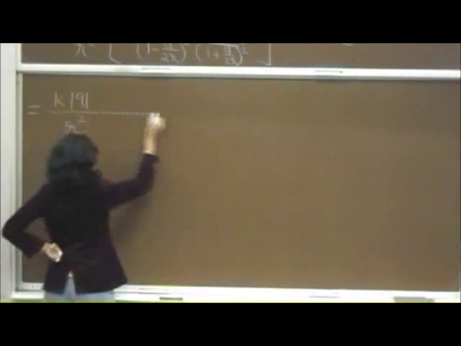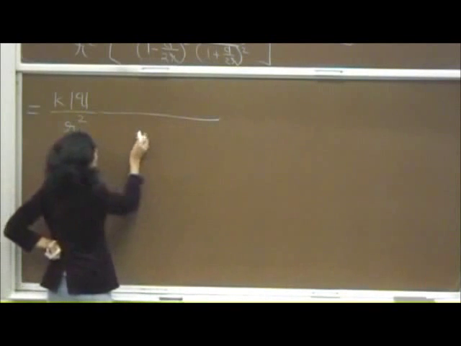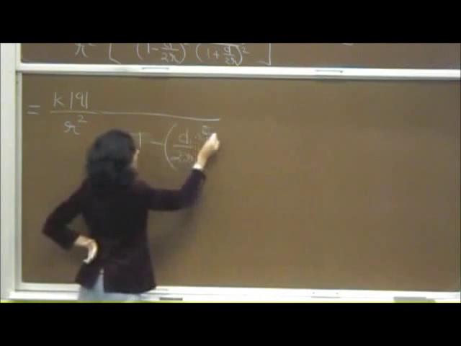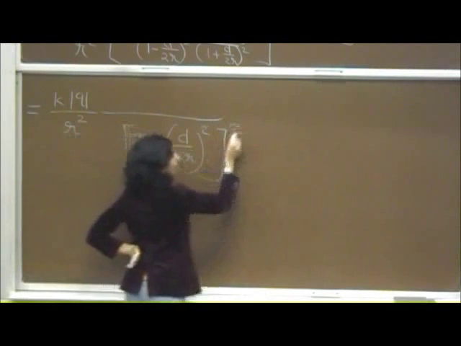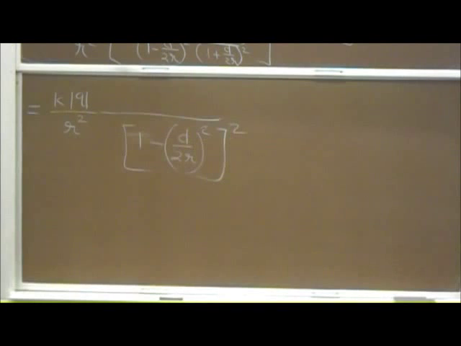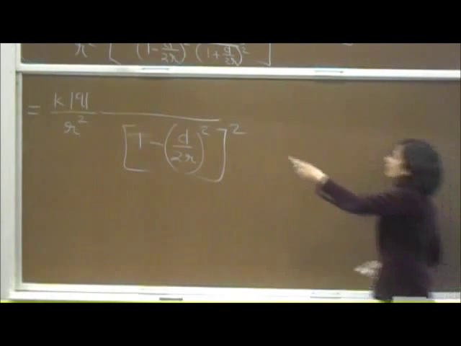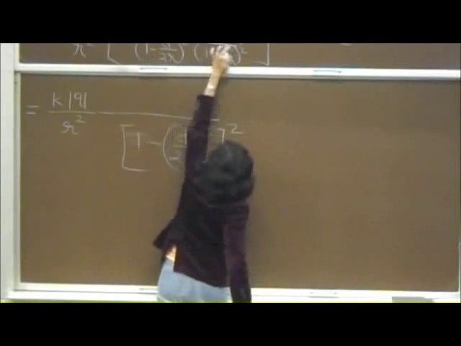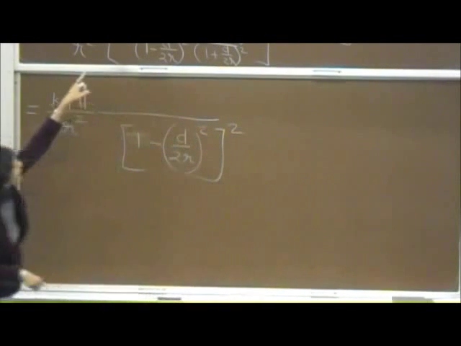I can write this as KQ divided by R squared, and in the denominator I can make use of what I just showed you over there to write this as this. I'm just making use of this. This is my A, this is my B, this is A minus B, this is A plus B. Okay? In the numerator I have that.